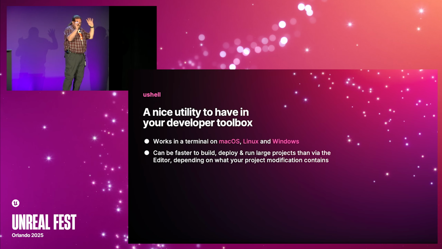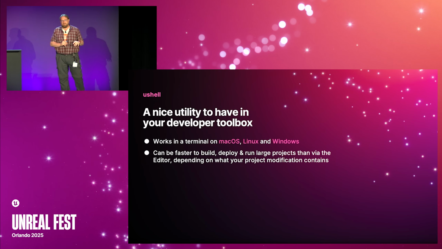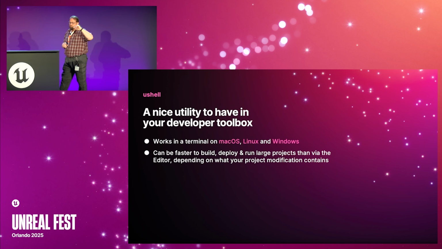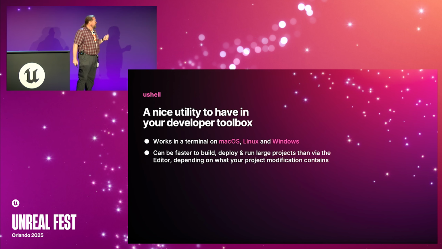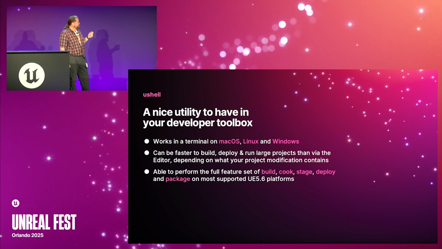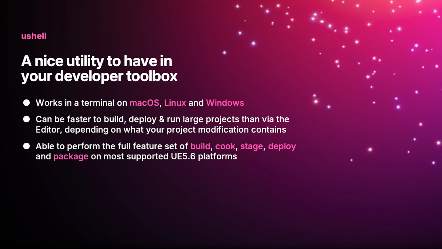And this time you can run .run game iOS, and 2 seconds later it's running in your console. It's better than hitting platform, device, run, waiting for it to build, cook, deploy, run. Like I said, it does everything: build, cook, stage, deploy, run. It can even package for you if you want. And it is bundled with 5.5 and 5.6 under the Engine Extras directory, UShell.